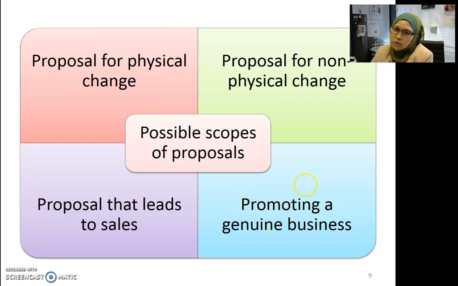It could go into this category of promoting a genuine business. So the scope that you should be looking out for could fall into any of these categories, the possible scopes for proposal. I hope you understand that.